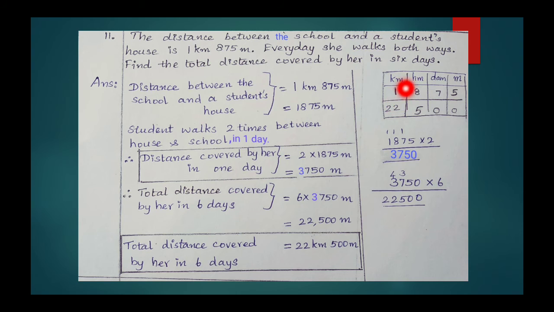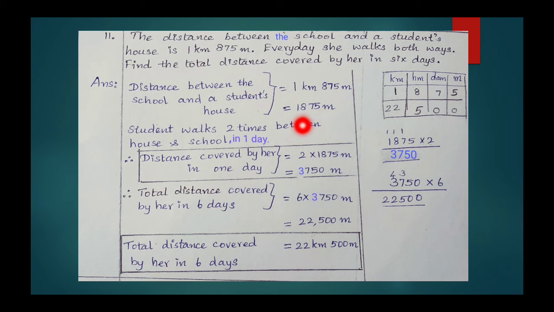Write 1 under kilometer. Now can you write all 3 digits of 875 under meter? No. Write 5 under the meter box and then 7 in the previous box and 8 in the previous box. So you get 1875 meter. Very easy, no?